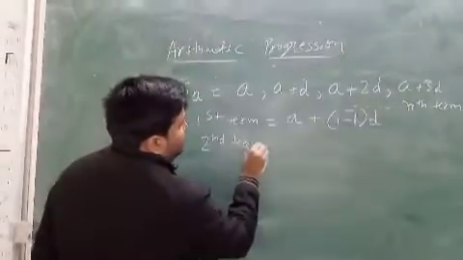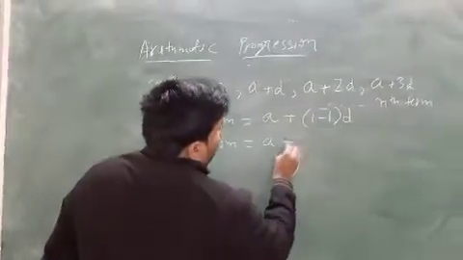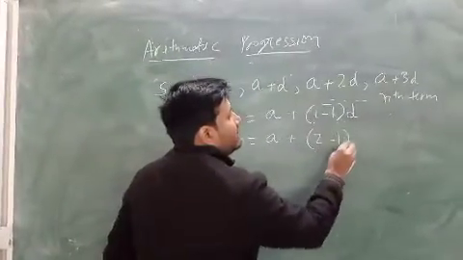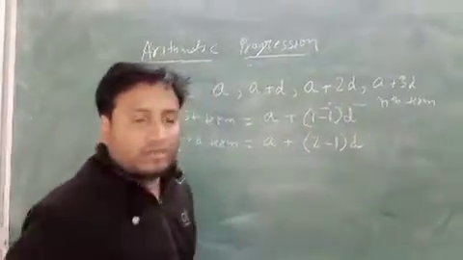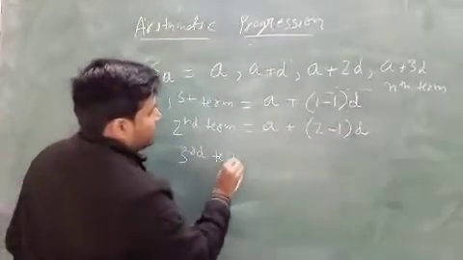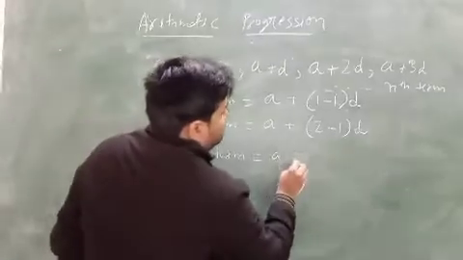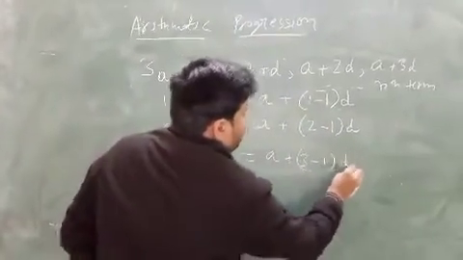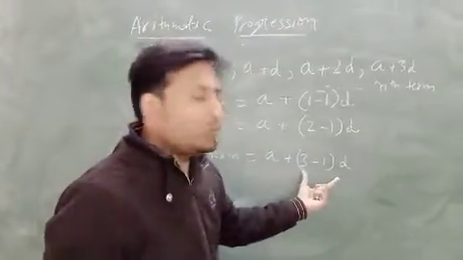What is the second term? The second term will be equal to a plus (2 minus 1) into d. Similarly, the third term is a plus (3 minus 1) into d, which is equal to a plus 2d.